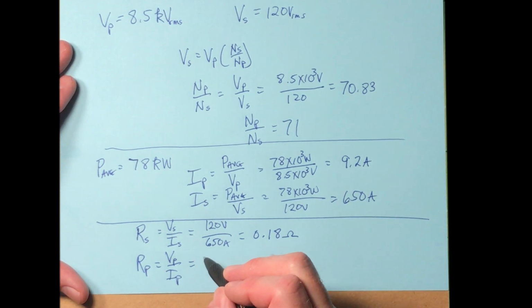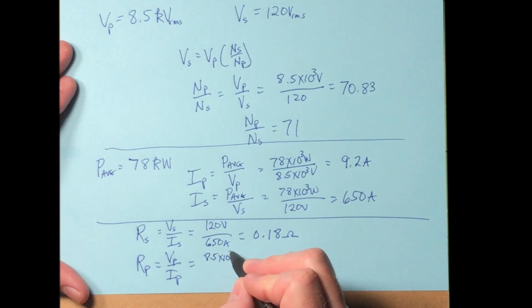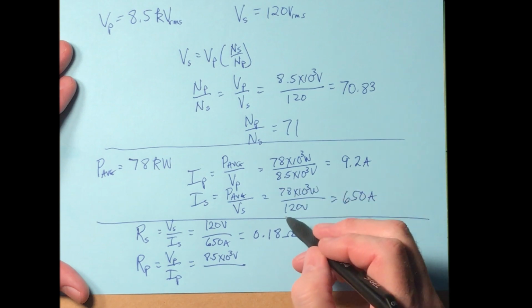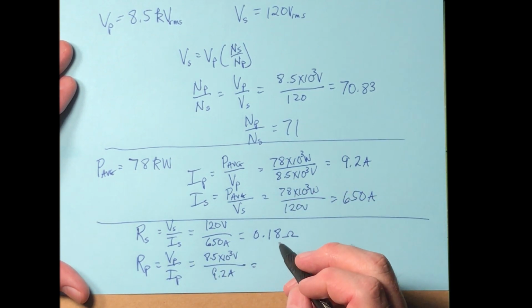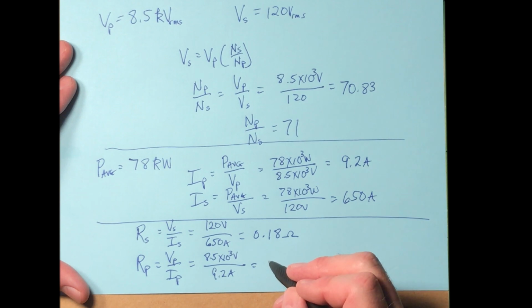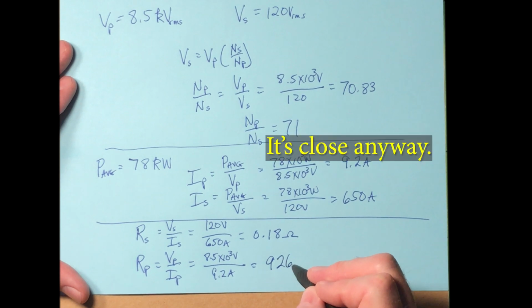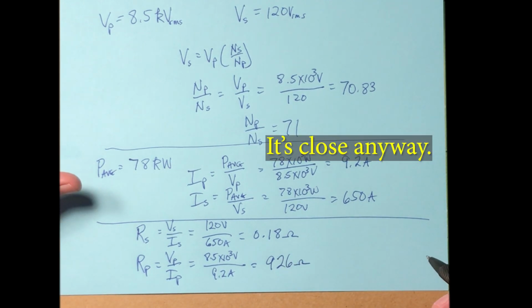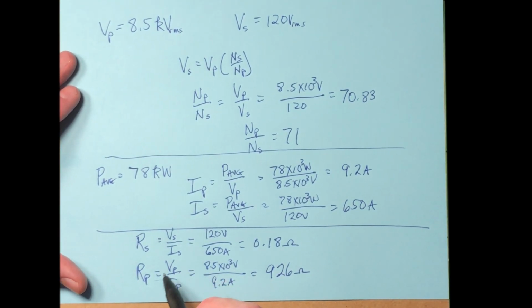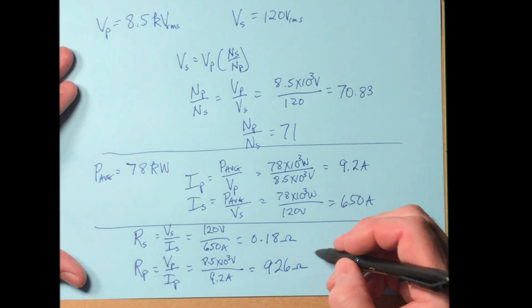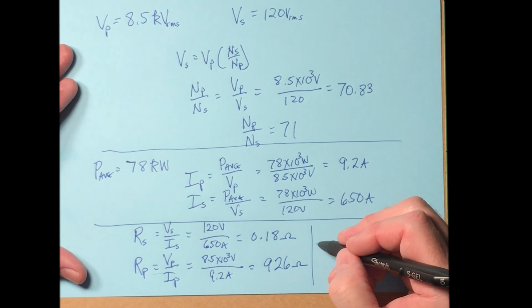Okay, so V sub P, that was 8.5 times 10 to the third volts divided by I sub P, which is 9.2 amps. So that turns out to be about 926 ohms. So a significant increase in resistance is seen on the primary side. Now we used this equation to find R sub P. We could have used the other form and we should get the same answer.